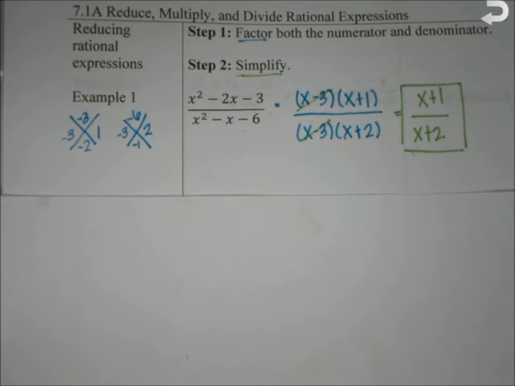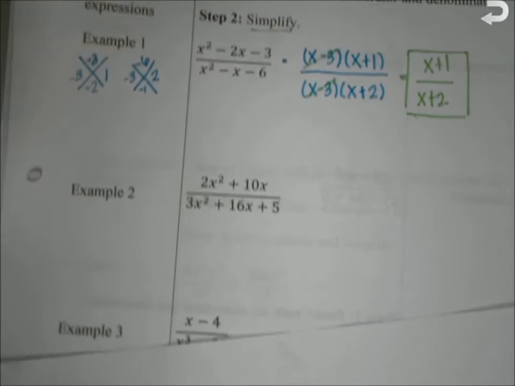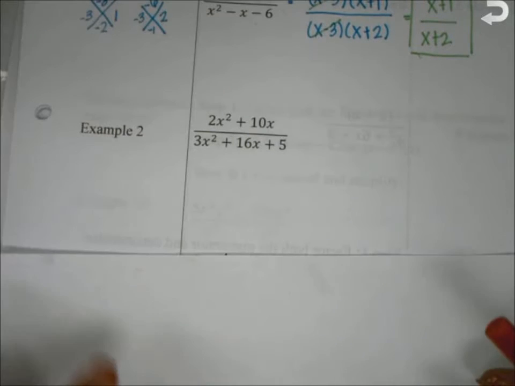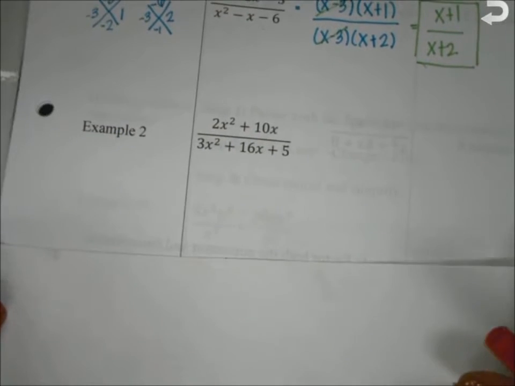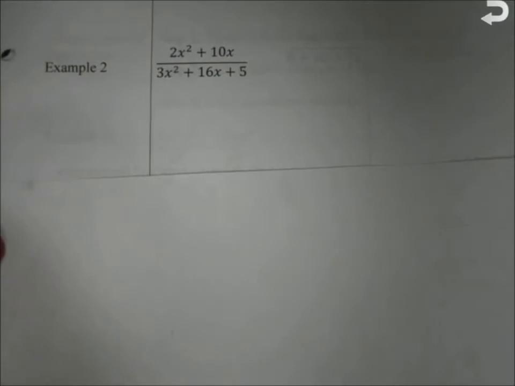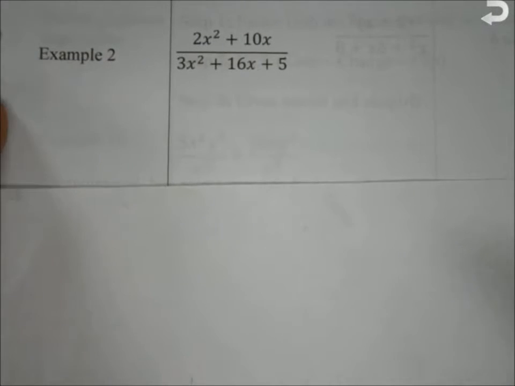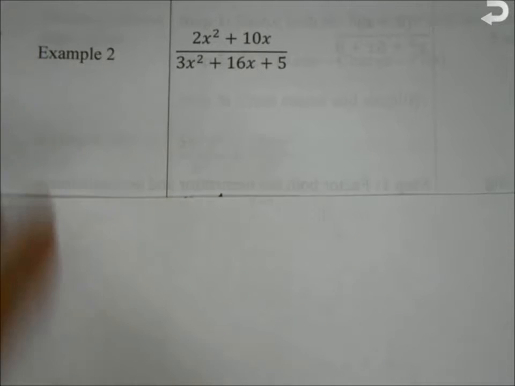Okay, example 2. 2x squared plus 10x over 3x squared plus 16x plus 5. Okay. So I want to do the same thing here. I want to factor the numerator and the denominator.